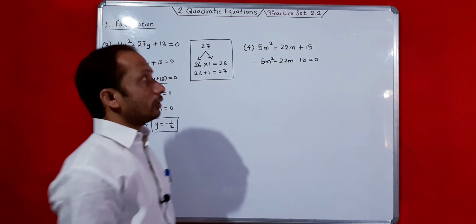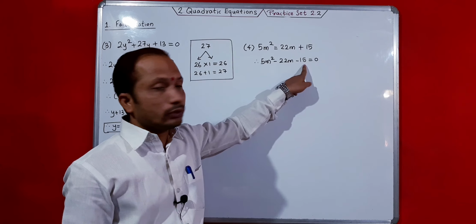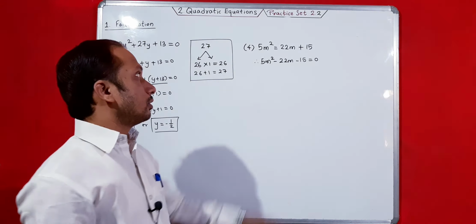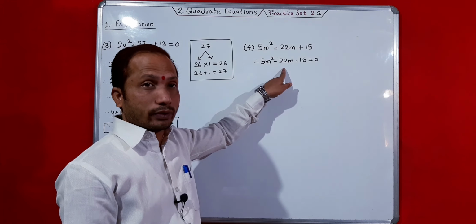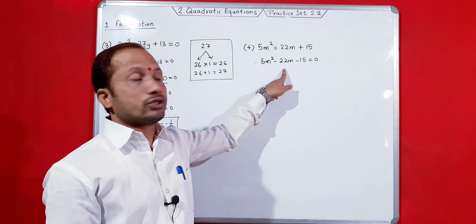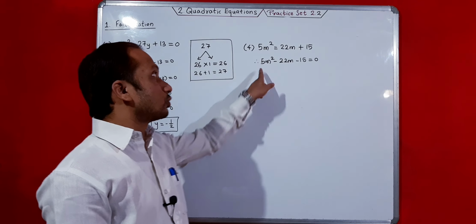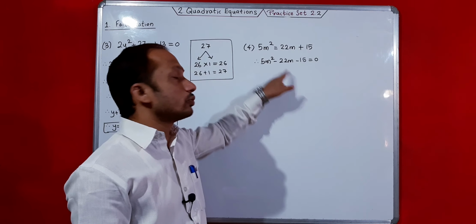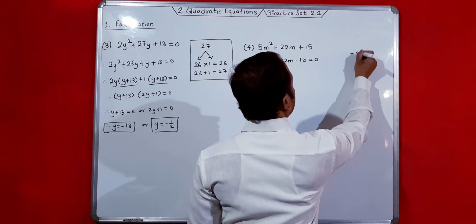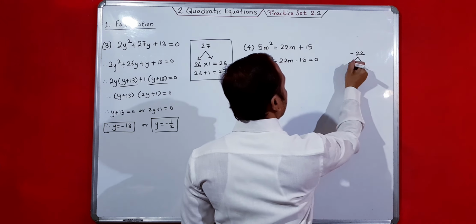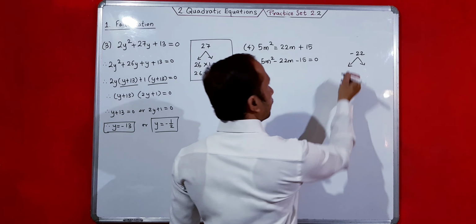Rearrange the equation. Okay, now this 5 is multiple to this number minus 75. So you have to factorize this number in such a way that the product should be minus 75 and addition should be minus 22m. Okay, 22. So minus 22, make its factors so the product will be minus 75.